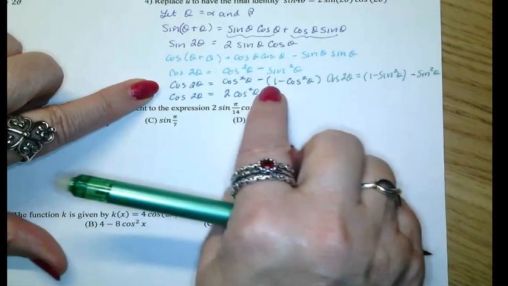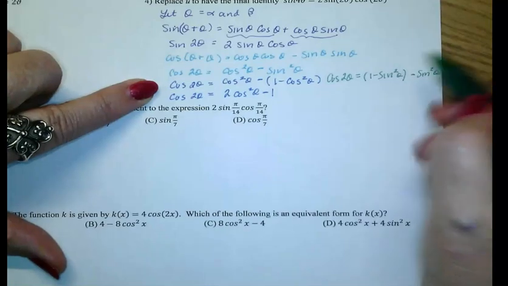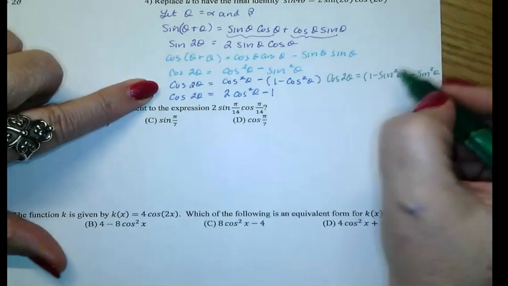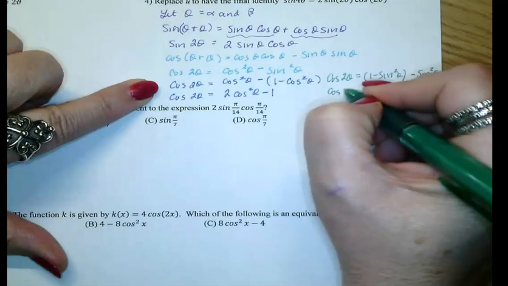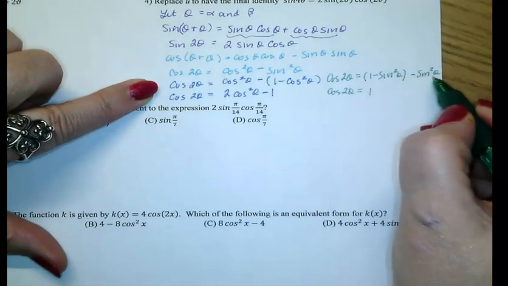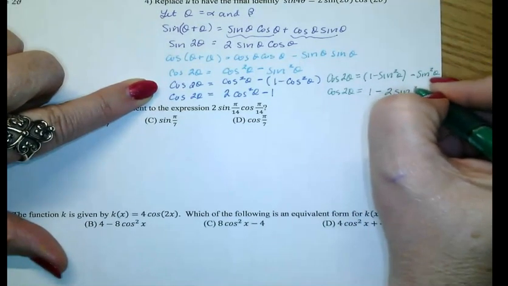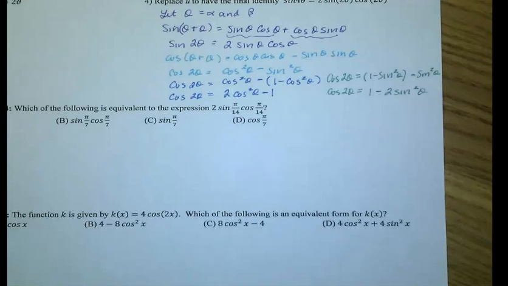So this time we replace the sine. This time we're replacing the cosine. And so now I'm going to have cosine of 2 theta equals 1, and I have 2 negative sine squared, so it's going to be -2 sine squared theta. So that's how you could derive that third one.